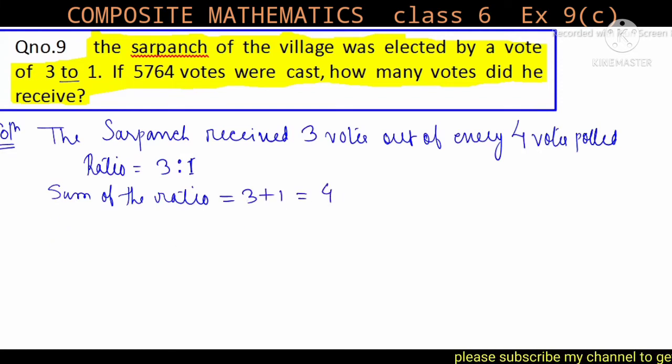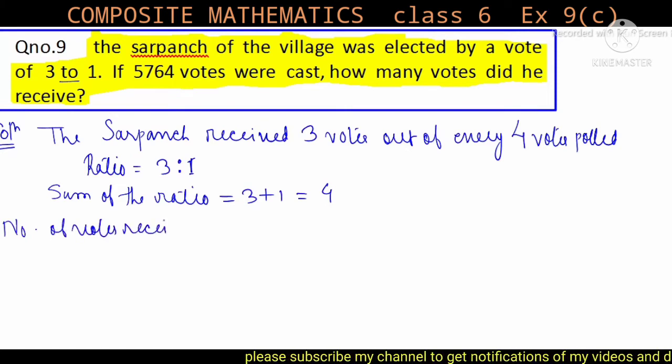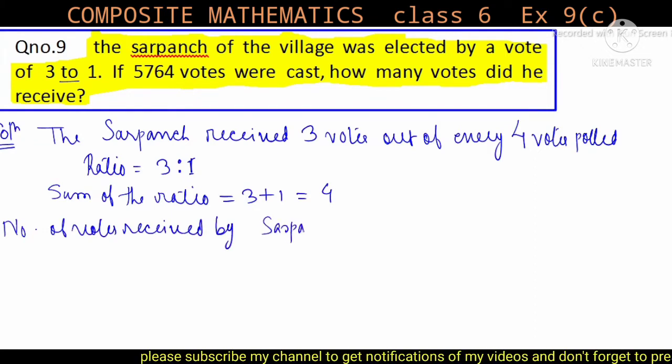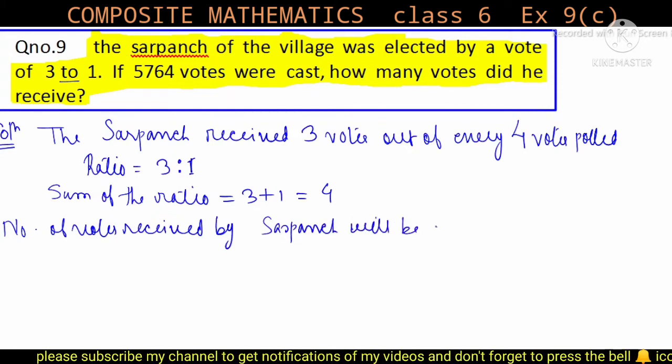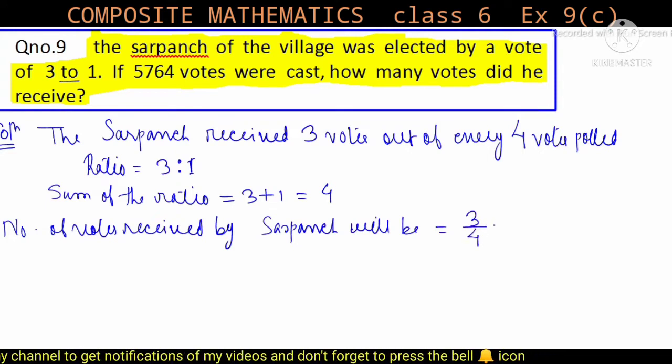Now the number of votes received by the Sarpanch will be how much? You see, it is 3/4 of how many total votes were cast? It is 5764.